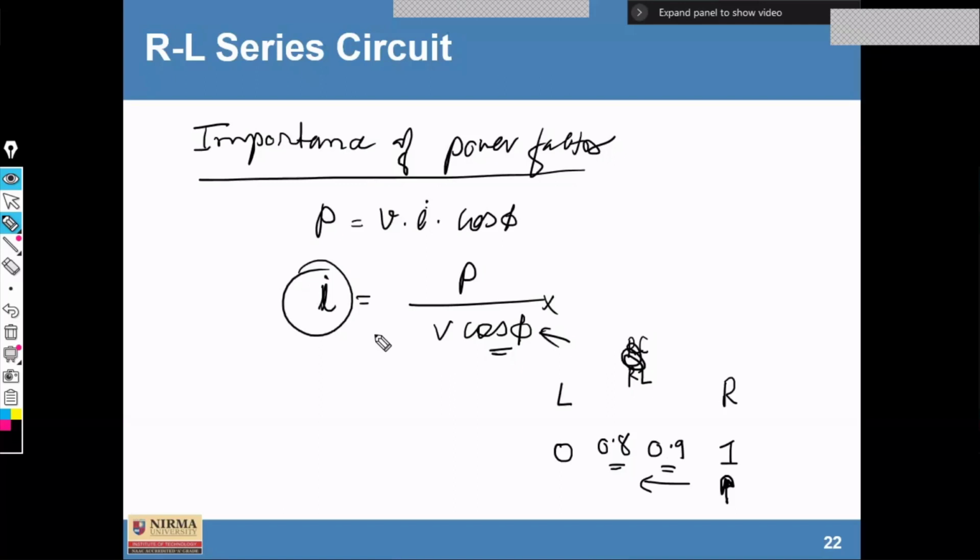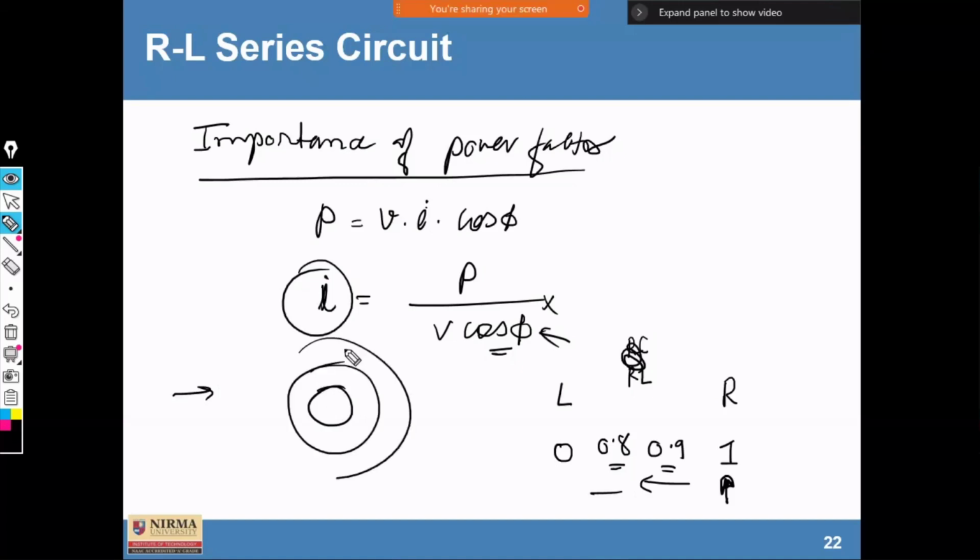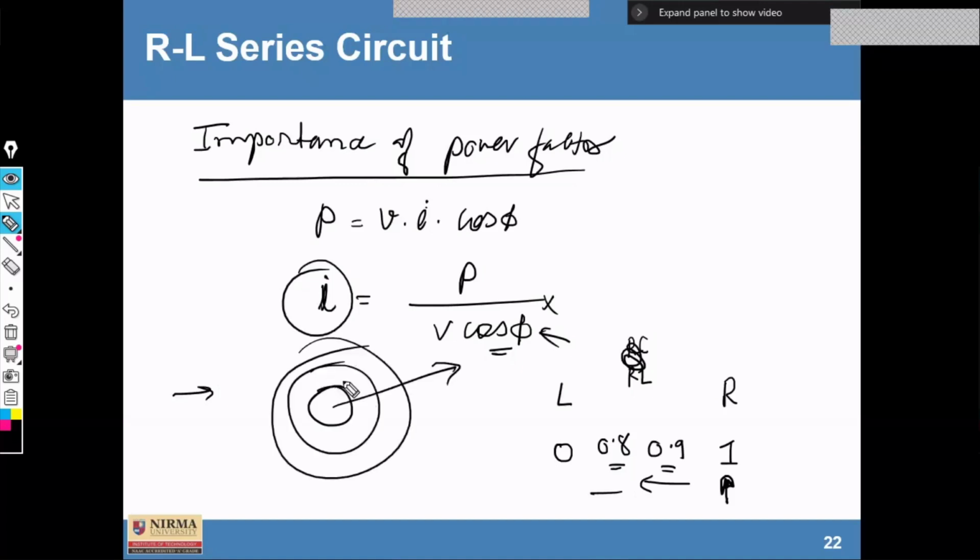Clear? Suppose it draws more current, then we know about the current density, so it requires higher diameter conductors. The size of the conductor through which the current is flowing is going to increase. If the size of the conductor is going to increase, definitely the cost of the material is going to increase.